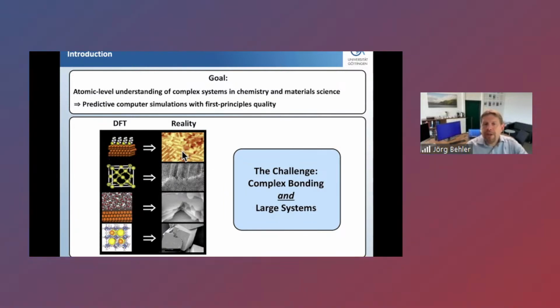If you compare this with reality, shown on the right by various imaging technique images, then you see that the reality is much more complicated. You can have disordered surfaces, large-scale defects like grain boundaries, surface imperfections, and other types of defects in crystalline materials.